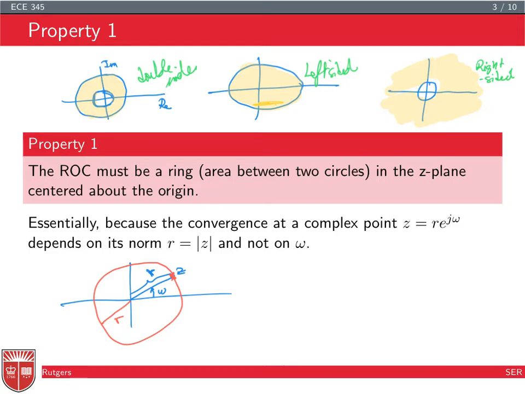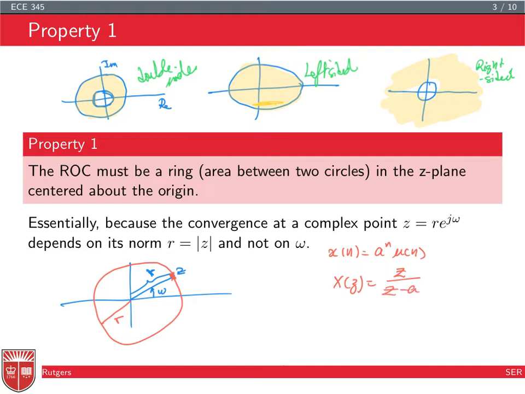Again, the general proof is in the book, but you can check it against the canonical example that we've been working on, which is the exponential signal. So if you have x[n] equal to a^n u[n], here I'm choosing a right-sided signal, then you know by now that X(z) is going to be equal to z divided by z minus a.